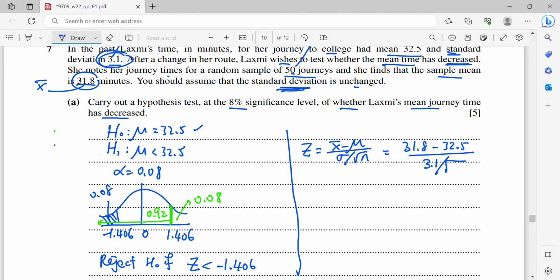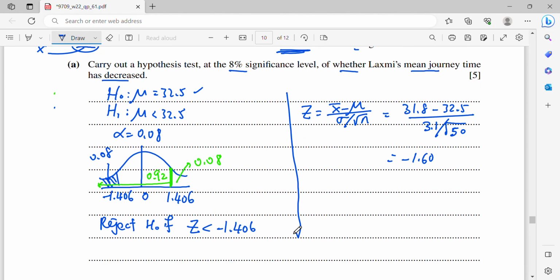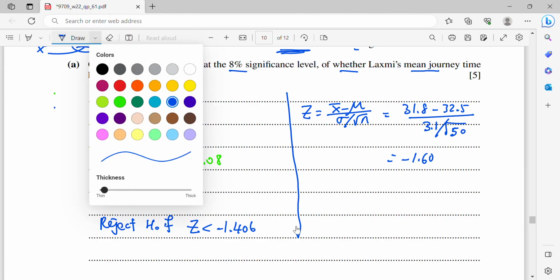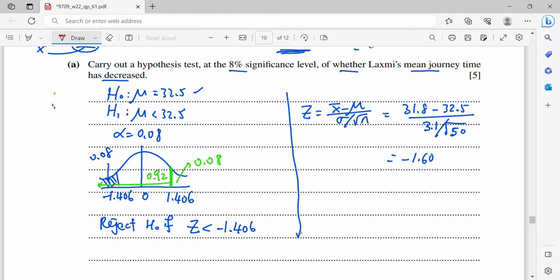The n is 50, the sample size. So when you calculate this value, it's going to be negative 1.60, to three significant figures. So now negative 1.60 is inside the region.